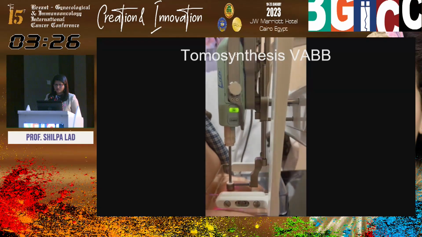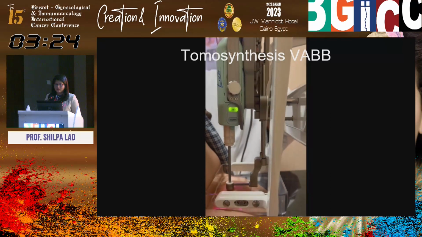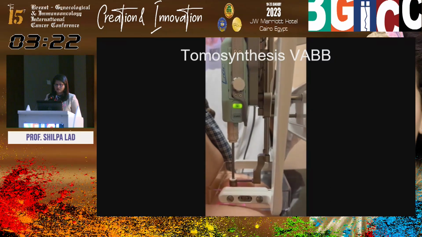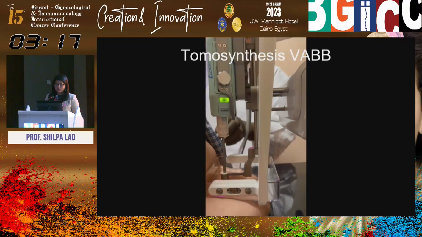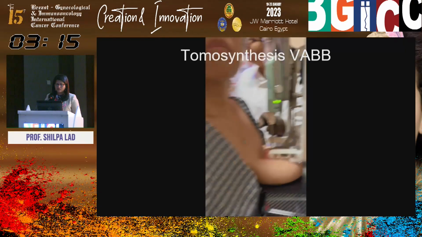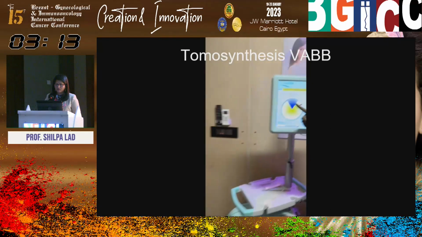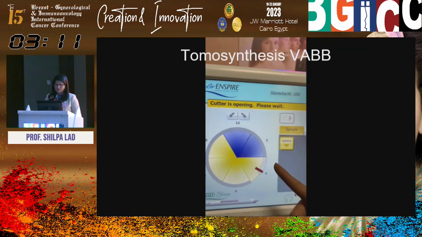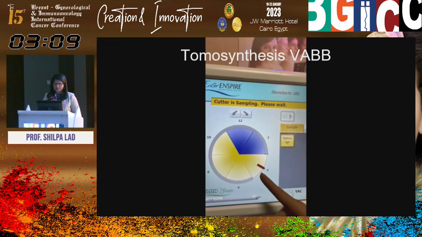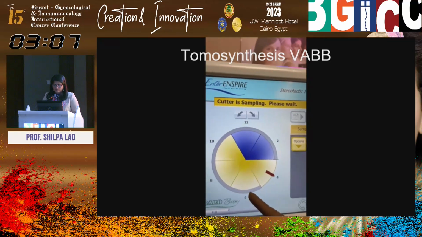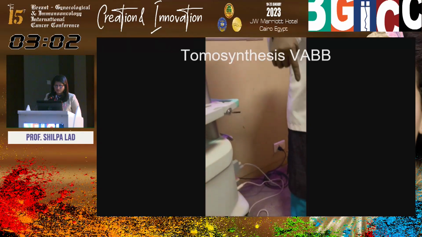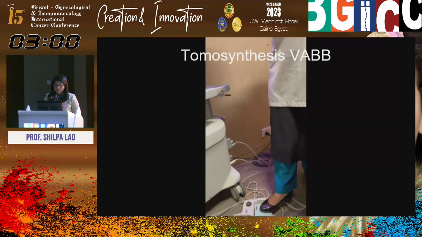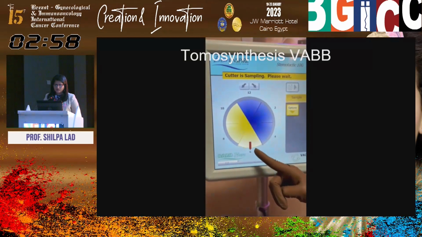So all that is happening now is the VAB needle is obtaining samples in 360 degrees. Okay. And every time the red mark moves, we know it has moved on to the next spot. So it obtained from 12 o'clock, 2 o'clock. Now it's gone to 4 o'clock. And through the process, I'm holding on to a foot paddle so that it goes all the way in 360 degrees. Okay, so now we are at 6 o'clock.